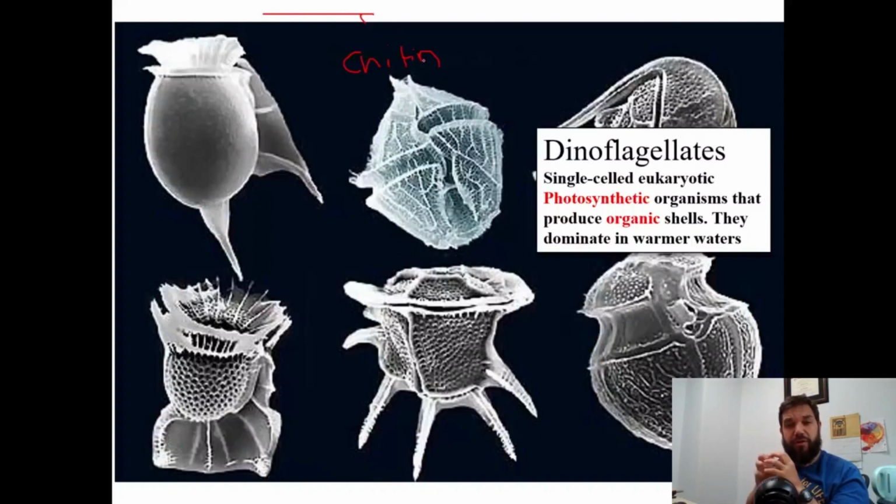Those hard parts are made out of keratin, right? So chitin is a little bit similar to keratin, but it's different. It's actually the same substance that insects make their exoskeletons out of. So dinoflagellates have hard shells made of chitin. They are photosynthetic, and they are dominant in warm waters.